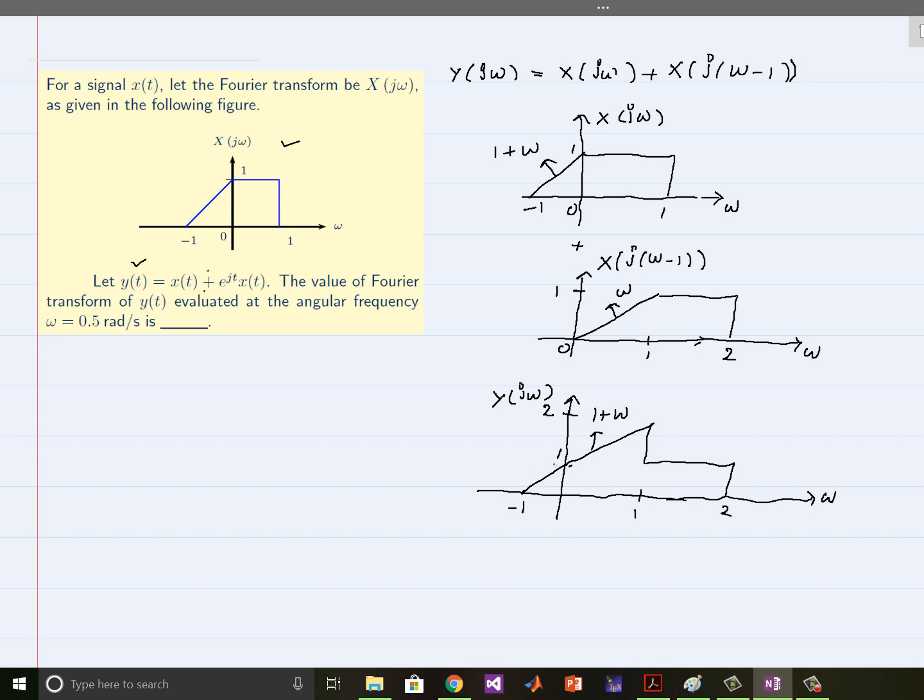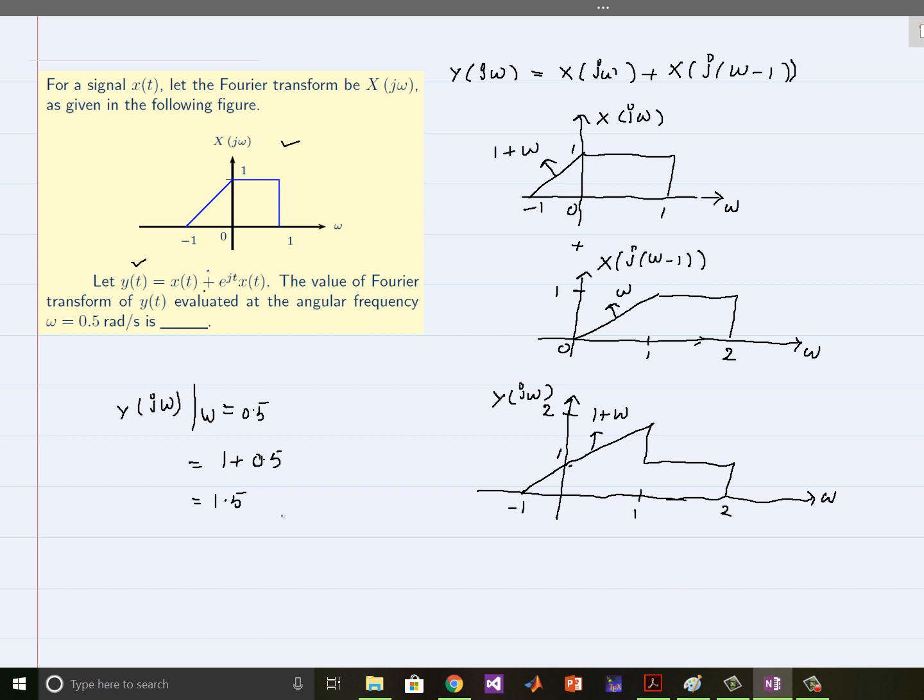Clearly, we are interested in finding Y of j omega at omega equal to 0.5. So this would be 1 plus 0.5, which is equal to 1.5.